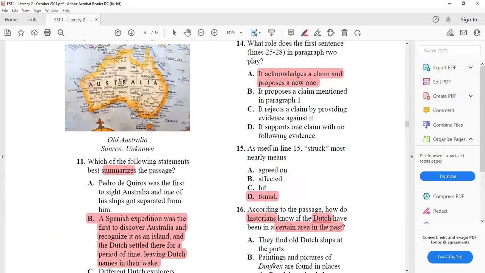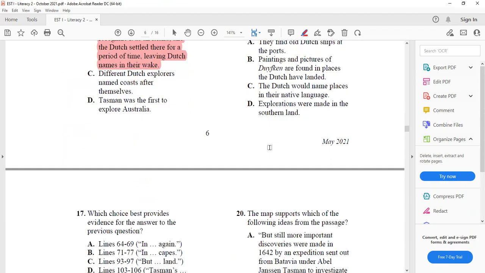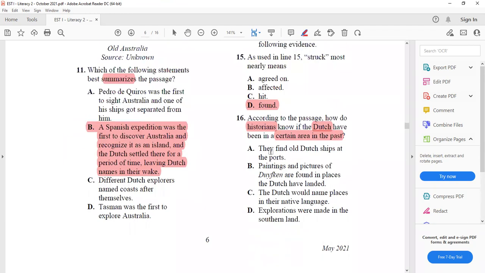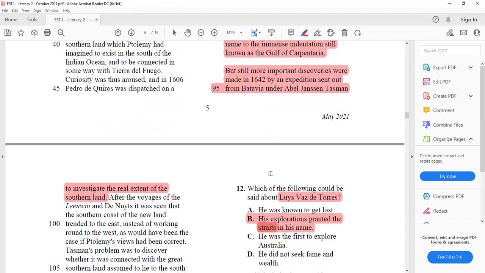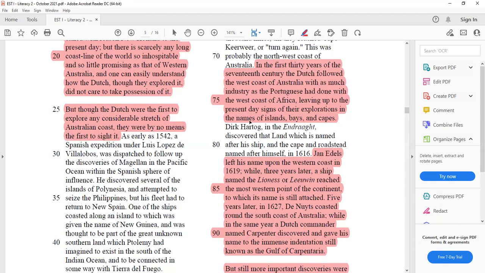Which one will determine? As we said, the paraphrase in 16. They find all Dutch ships at the ports? No, it's not mentioned in B or C. Paintings and pictures? They didn't mention paintings and pictures of Dutch. Are found in places the Dutch have landed? No, the Dutch would name places in their native language. Actually this is mentioned in B and C, but mainly in B, when he said names, look at the word names.